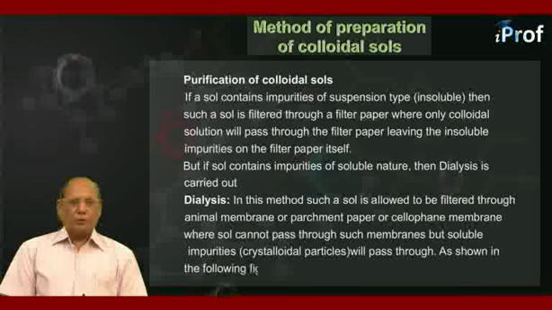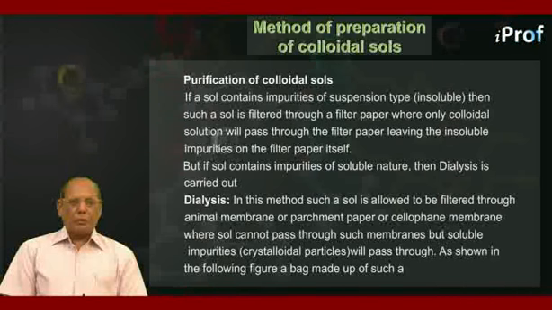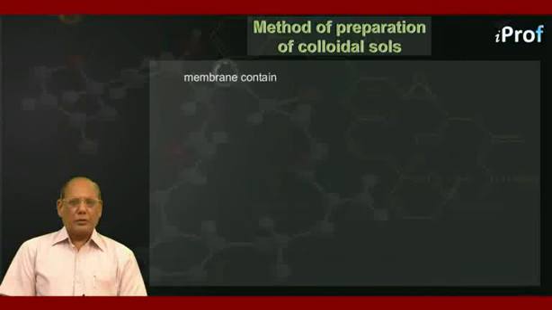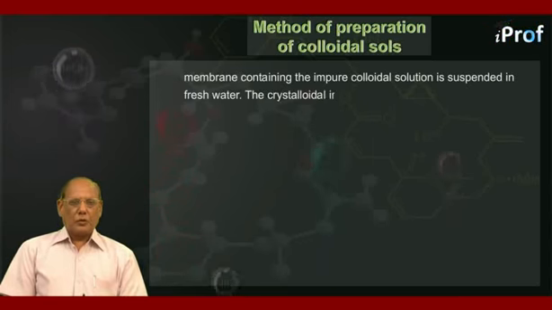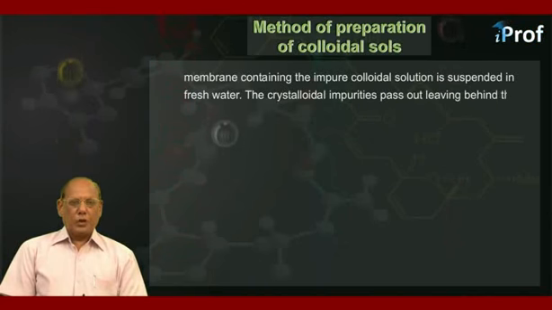As shown in the following figure, a bag made up of such a membrane containing the impure colloidal solution is suspended in fresh water. The crystalloidal impurities pass out, leaving behind the sol.